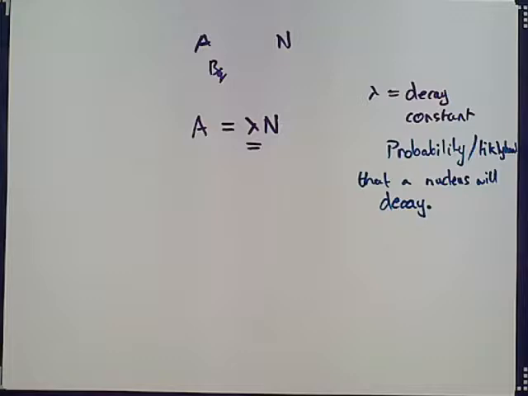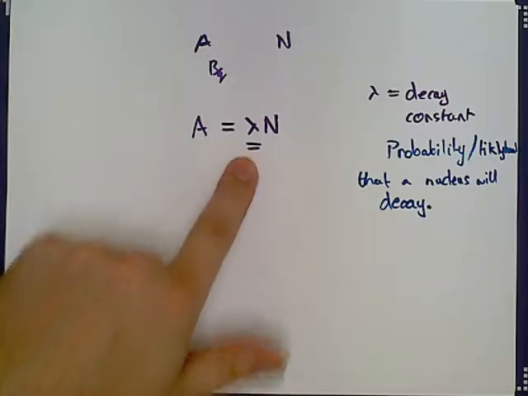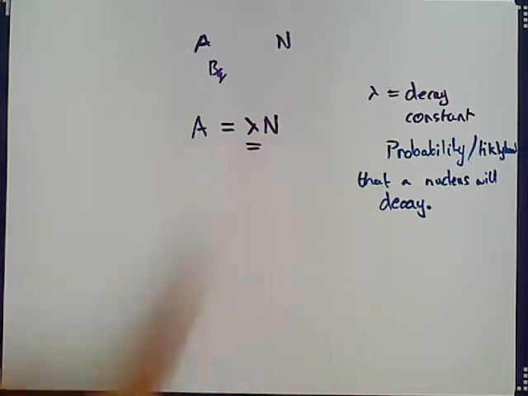Now that is interesting because in the previous video we suggested that radioactive decay was spontaneous and random. Yes, it is spontaneous and random, but we can still suggest what the probability is that a particle will decay per second, which throws up what this unit is.